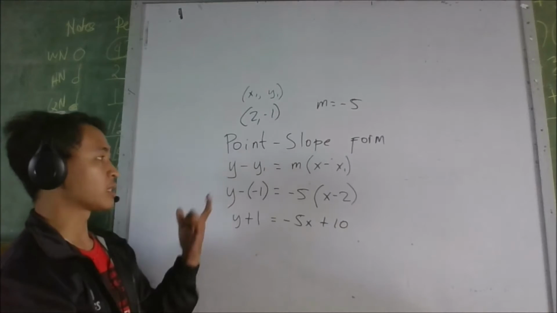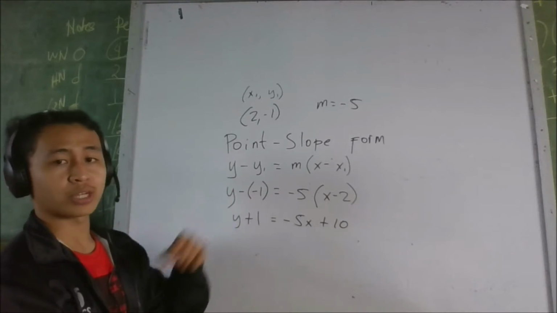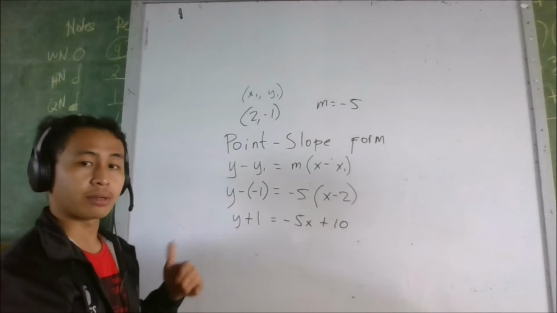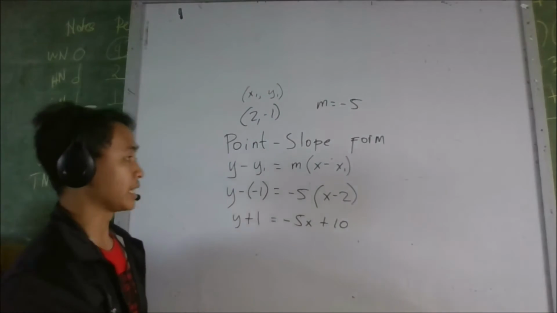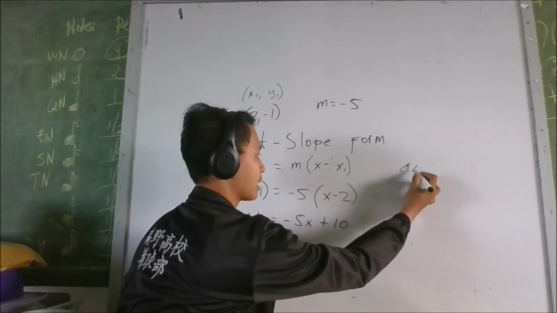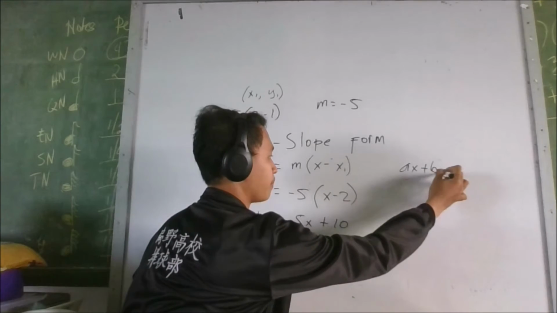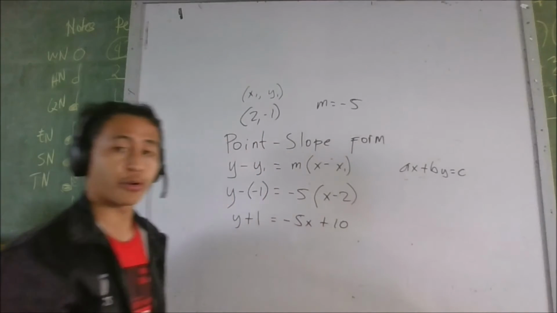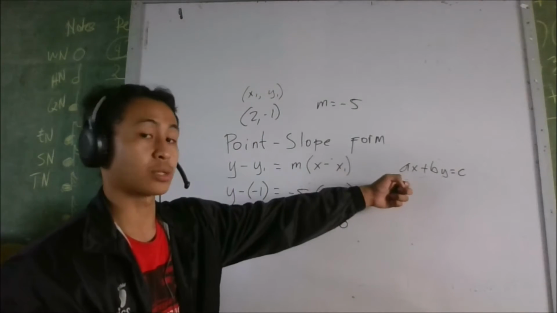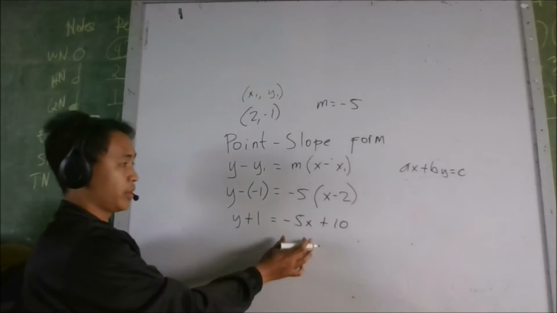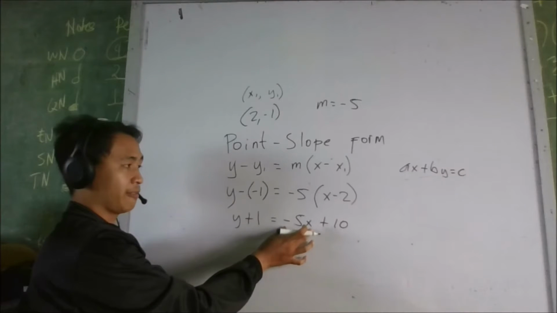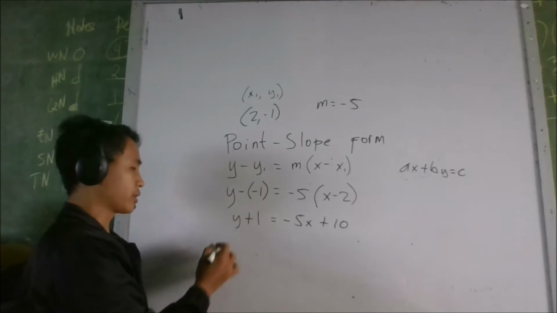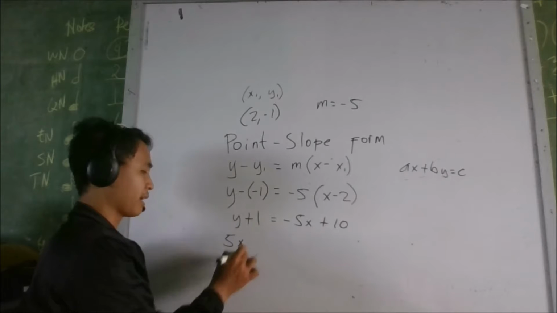Okay? Now, if you're asked to find the equation of the line, it refers to the standard form of the equation ng linear equation. Okay? So that would be ax plus by equals c. So therefore, yung target na equation natin is this one. Okay? So dapat, all we have to do is follow the pattern. Yung negative 5x, just transpose to the other side. That would be positive 5x.